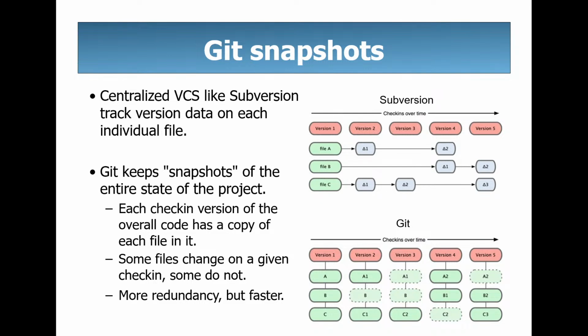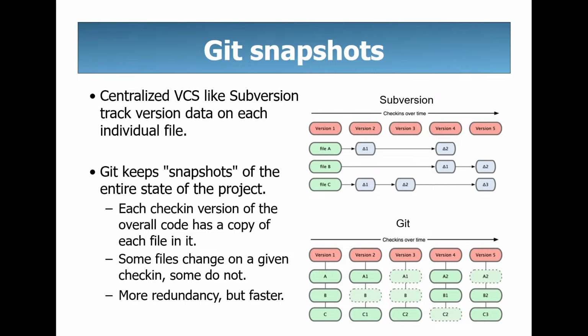Benefits of Git snapshots. First one, complete history. Each commit represents a complete snapshot of your project, allowing you to view or revert to any previous state. This complete history provides a clear and detailed record of how the project has evolved over time.